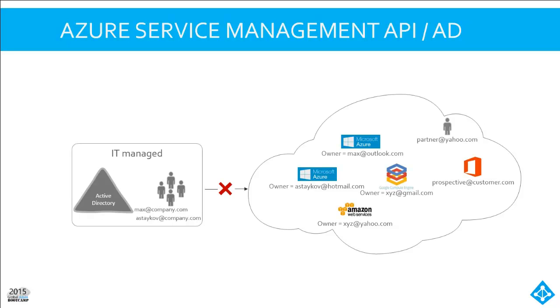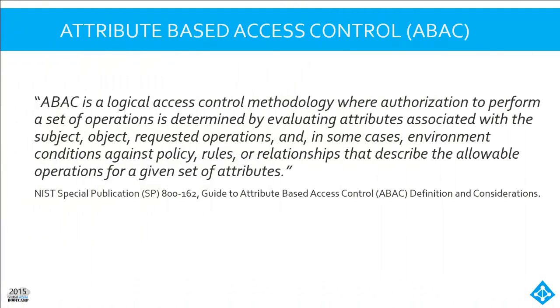Or we have Salesforce personnel, and we have to take care of creating those Salesforce accounts, and our business users will have to maintain a lot of accounts separately. This is how the world would look like without Azure Active Directory and without role-based access management and attribute-based access management.